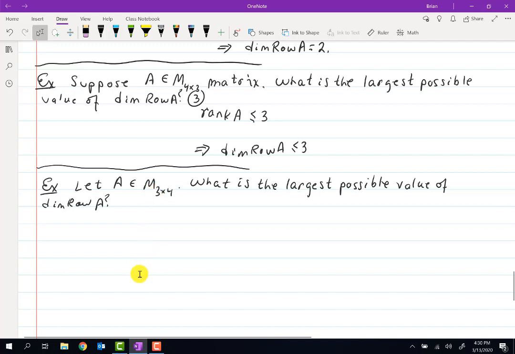So let me get this settled down for you here. We have the rank, the dimension of row A, is less than or equal to 3 because we have 3 rows.